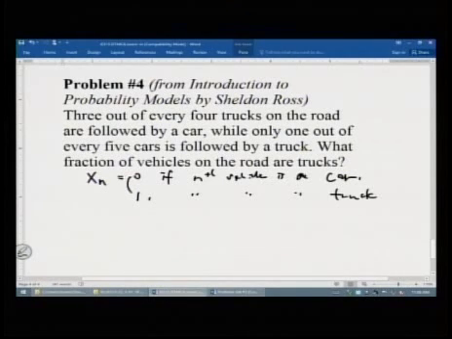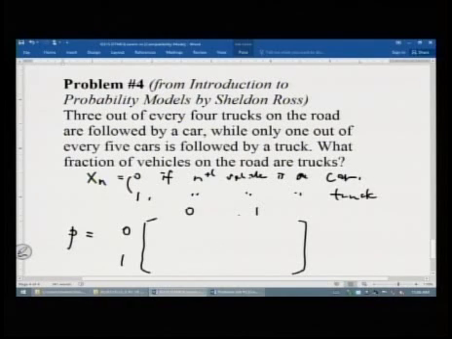So what are you going to have? One step transition probability matrix. It's going to be like this. So here, 3 out of every 4 trucks on the road are followed by a car.